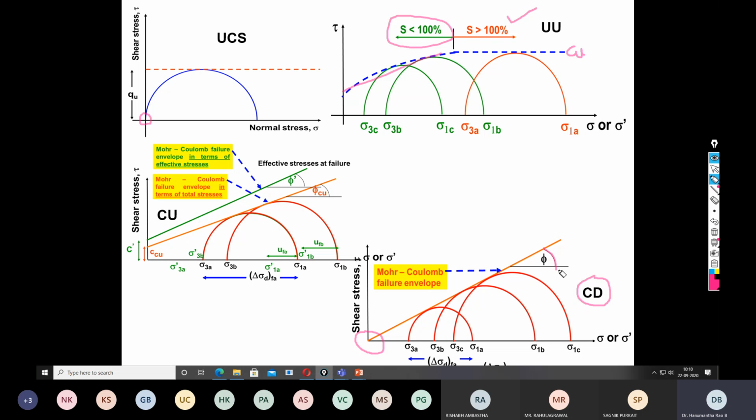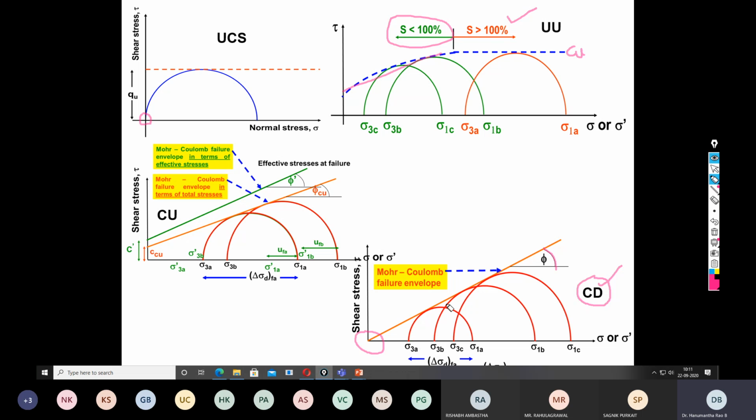So this CD graph is valid again, I repeat, for clayey soil or the sandy soil. It is immaterial. So that means under dry condition, almost every soil behaves like a frictional material.